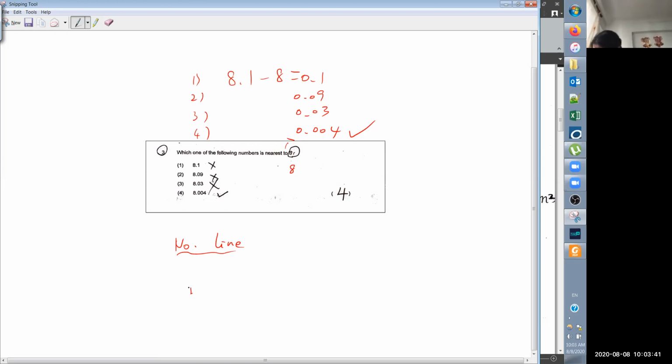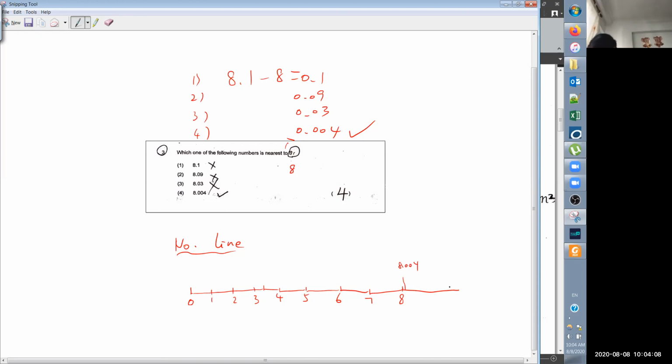So let's say this is your 0, and then of course you can go 1, 2, 3, 4, 5, 6, 7, 8, right? Then after that, you have your 8.004, which is probably somewhere here, and next is 8.03.